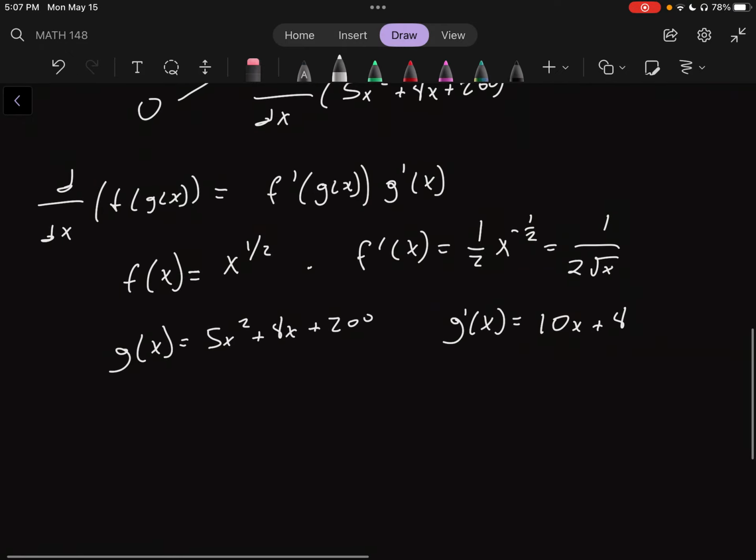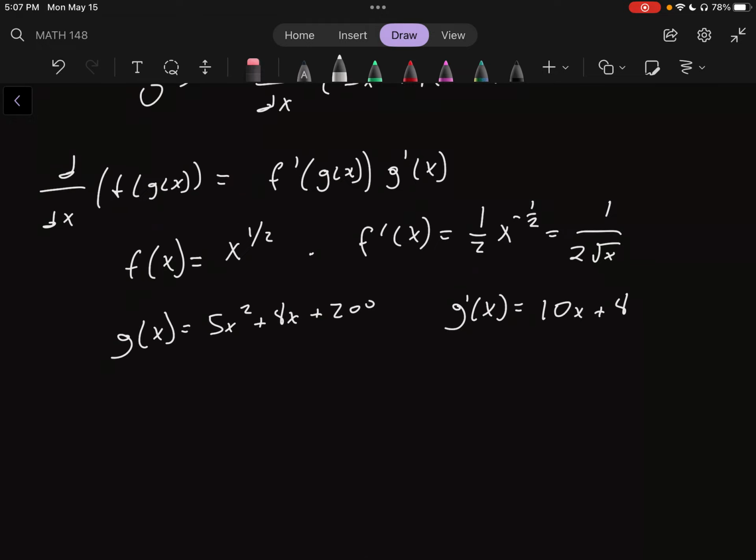Okay, so now that we have these parts, we can go back to the top. To find the derivative, f prime is 1/2 over the square root of 5x squared plus 4x plus 200, multiplied by g prime of x, which is 10x plus 4.